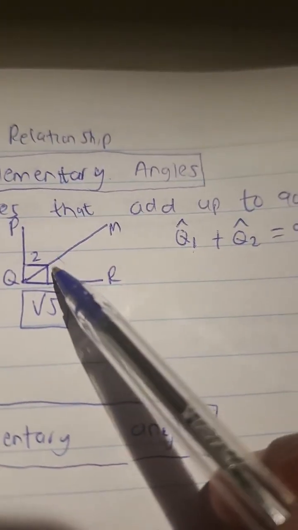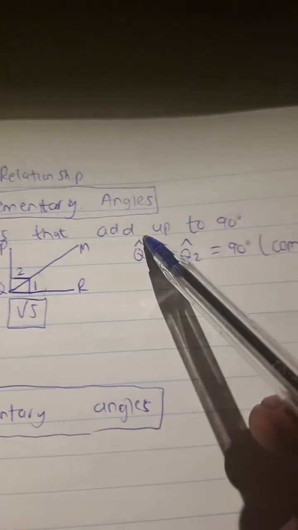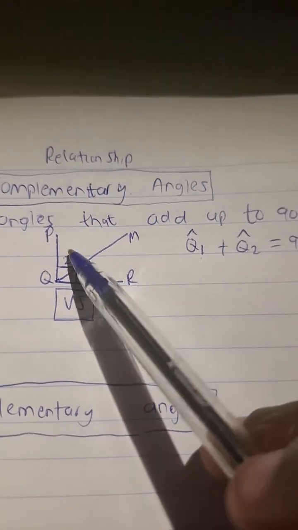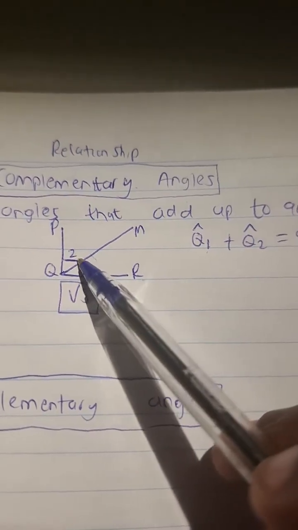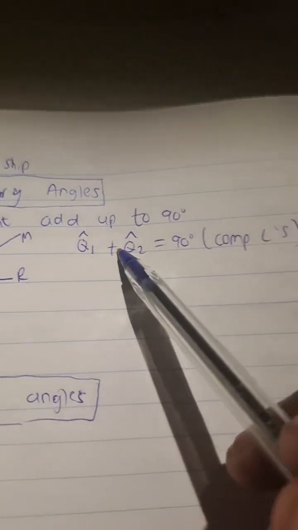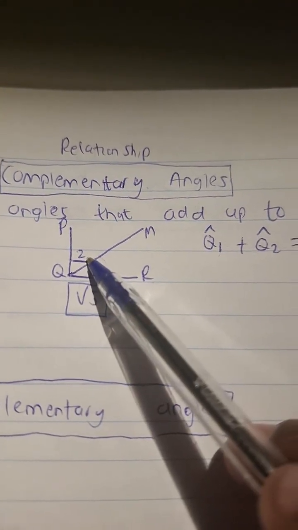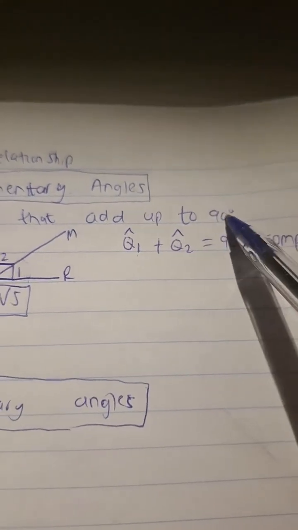Now, these two angles, remember we said complementary angles are angles that add up to 90. Doesn't angle Q1 together with angle Q2 add up to this 90 degrees that is already there? Almost definitely they do. Angle Q1 plus angle Q2 are typical examples of angles that add up to 90 degrees.